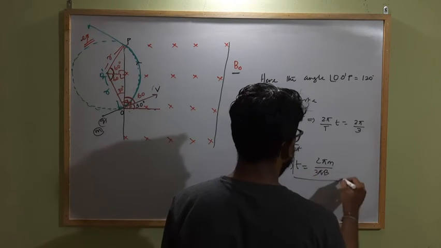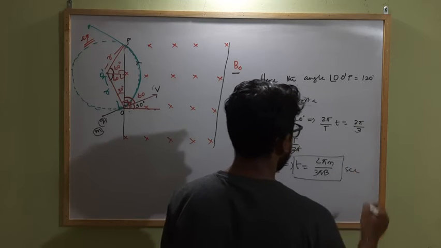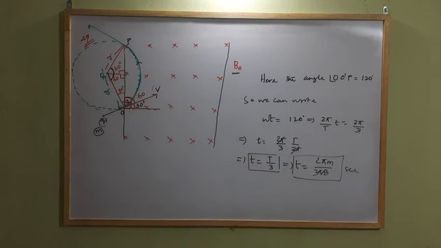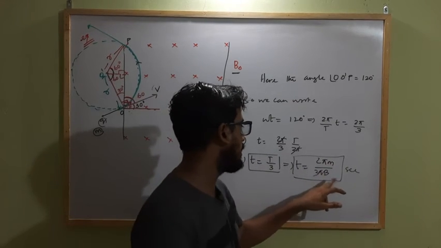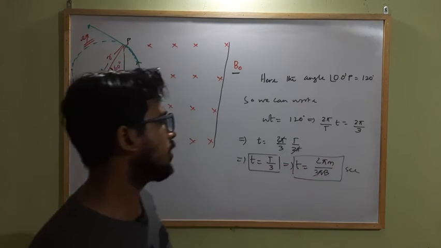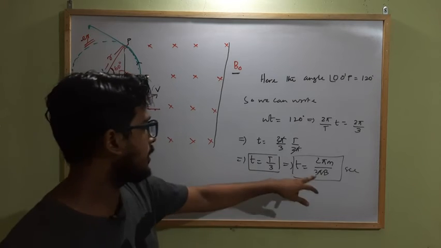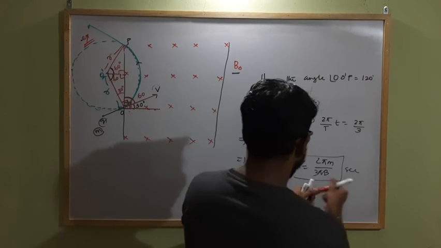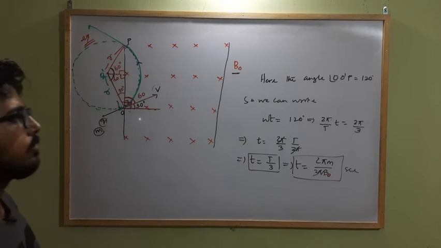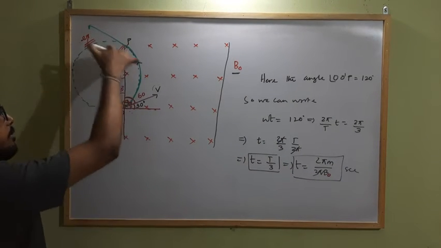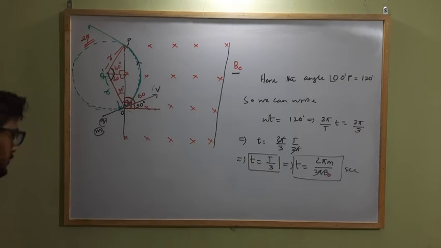So this will be the time up to which the particle will remain inside the magnetic field, which is equal to 2 pi m by 3 qB or T by 3, where q is the charge, B, sorry, here it will be B naught, is the magnetic field strength, m is the mass of the particle, and 2 pi, you know. So this much time the charge will remain within the magnetic field. Clear?